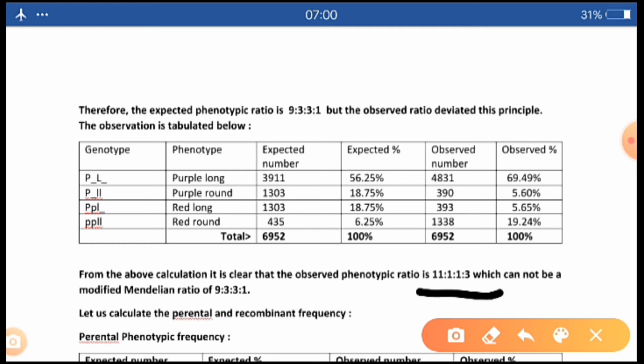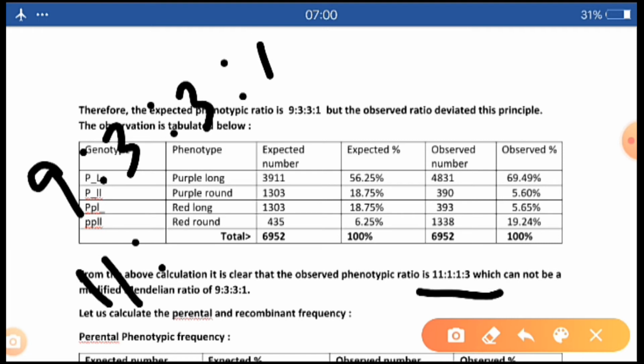Our expectation was 9:3:3:1, but it became 11:1:1:3.